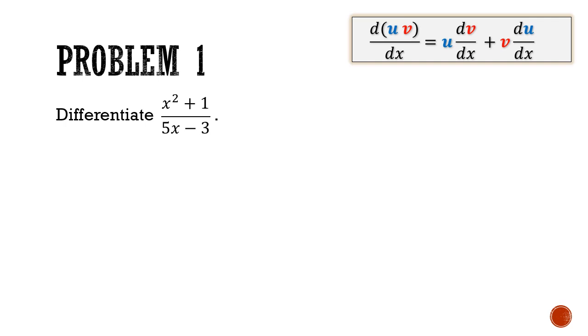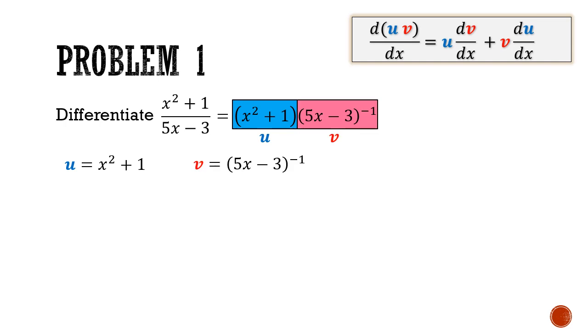So we need to turn this into a product. So we'll just shift the 5x minus 3 to the numerator by changing it to 5x minus 3 to the power of negative 1. So here we can set the function u to be x squared plus 1 and the function v to be 5x minus 3 to the power of negative 1.